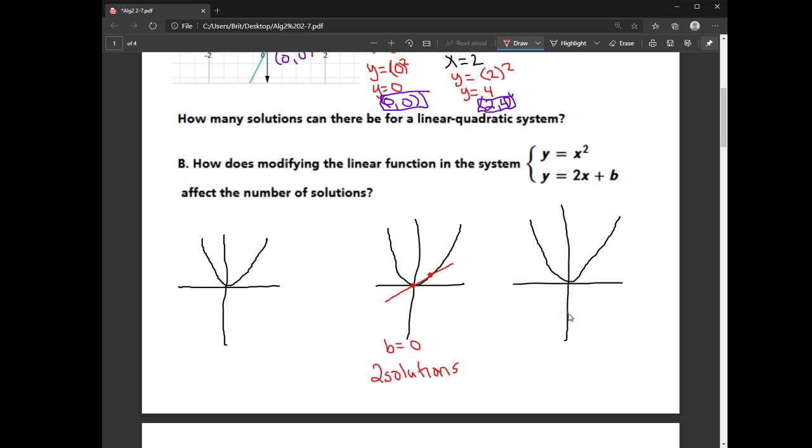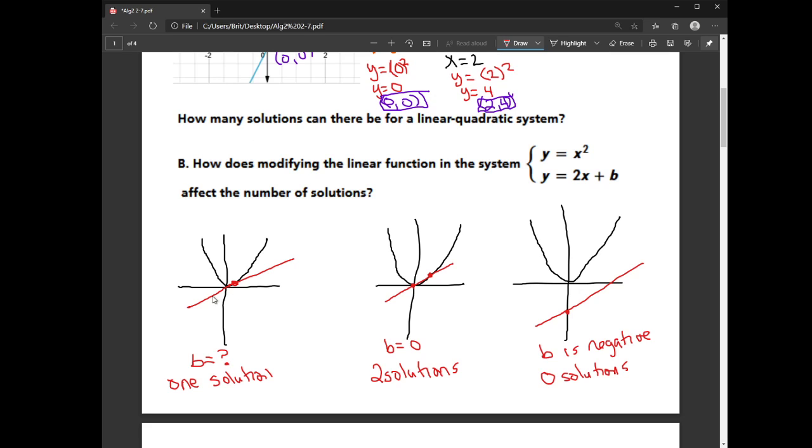Now I can pick a really negative b value, right? And if I pick that really negative b value, I have 0 solutions. But there is also some kind of b value, I don't know what it is in this case, I'm going to call it unknown, that can produce one solution, because the line can just touch it in one spot and move away.